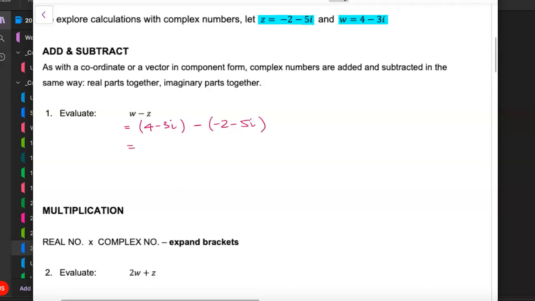So our real parts go together, 4 subtract -2 gives us 6, and -3i subtract -5i will be -3i plus 5i, and that will give us +2i. So w subtract z is the complex number 6 plus 2i.